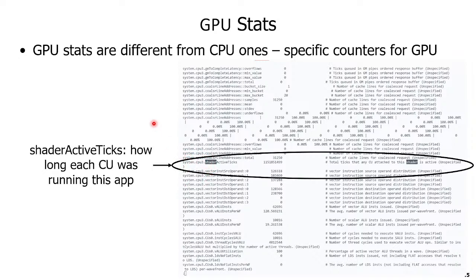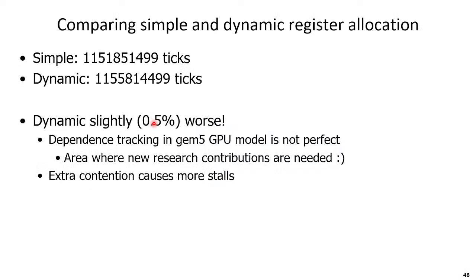So that means, in an unfortunate use of the config's naming, nodes are always called a CPU, even if there's a GPU compute unit attached to it. So CPU3 actually means one of the compute units in the system. But shader active ticks is effectively telling how long this program was running on the shader.